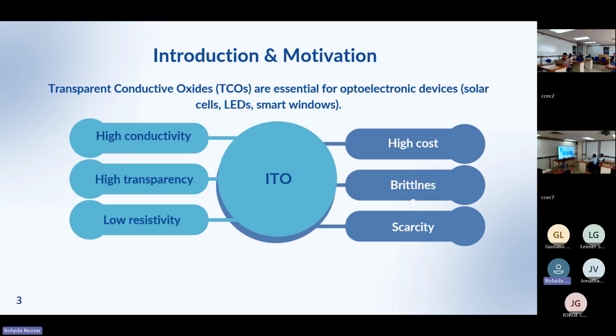But as we know, indium is rare and expensive, and it suffers from brittleness that makes it unsuitable for the next generation flexible or wearable devices. So the main motivation here is: can we find a cheaper and more flexible alternative that still performs well optically and electrically?